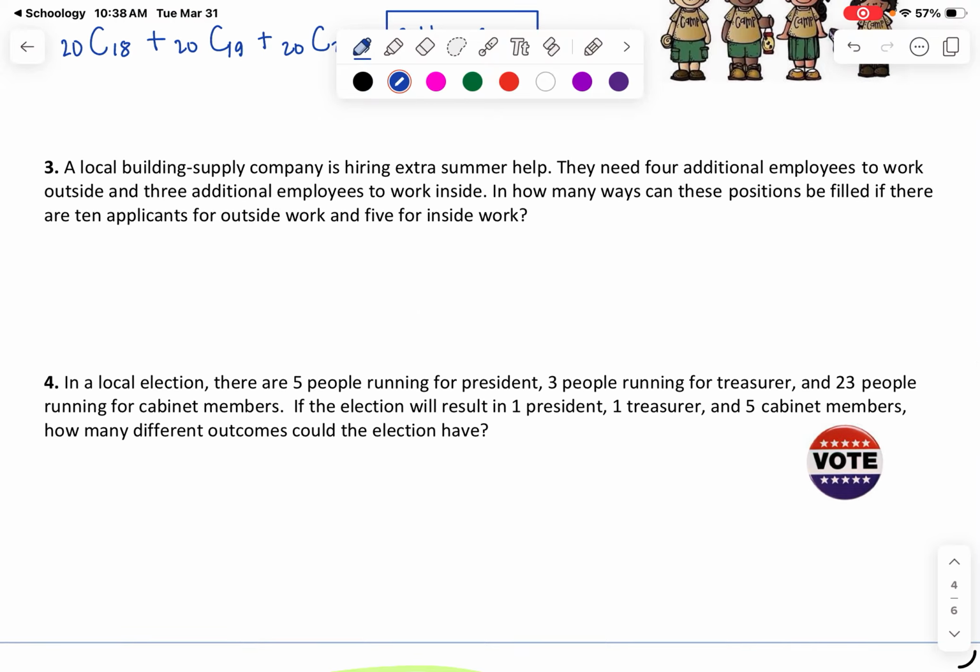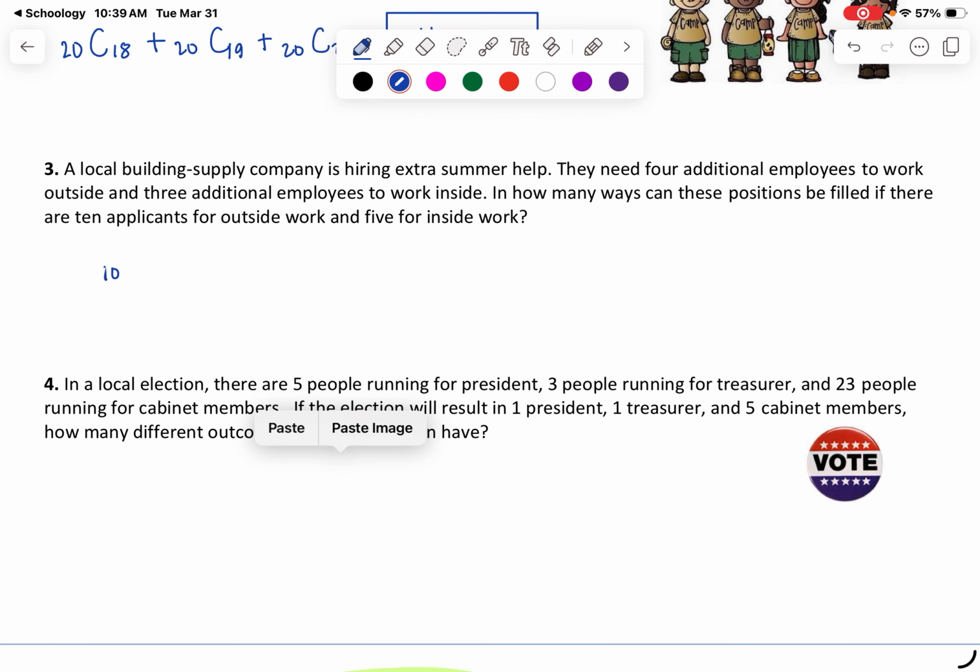All right. A local building supply company is hiring extra help this summer. They need 4 additional employees to work outside and 3 additional employees to work inside. How many ways can these positions be filled if there are 10 applicants for outside and 5 for inside? So we have 10 applicants for outside, and they need 4.